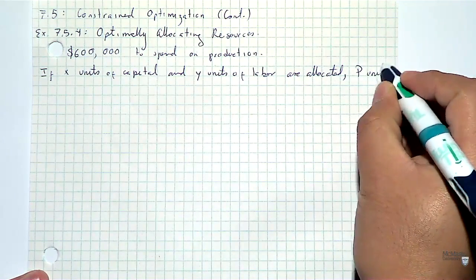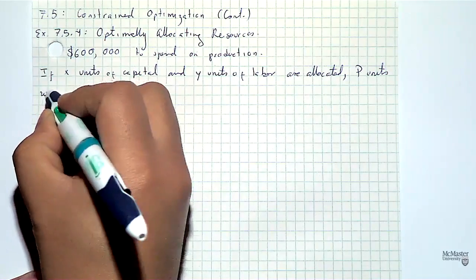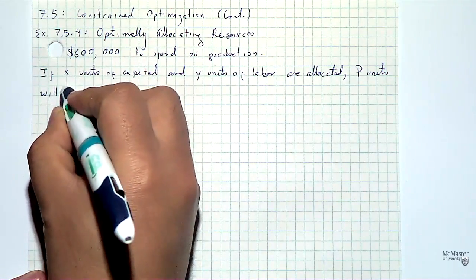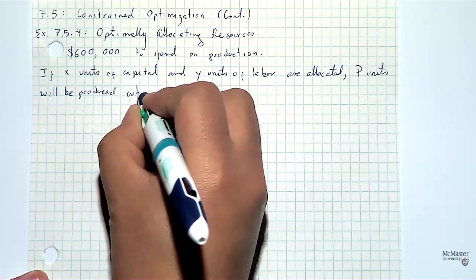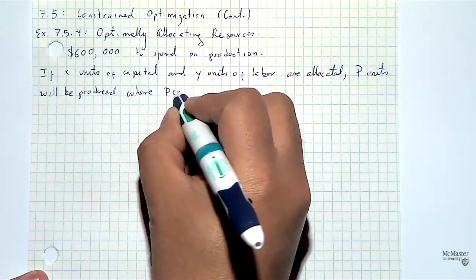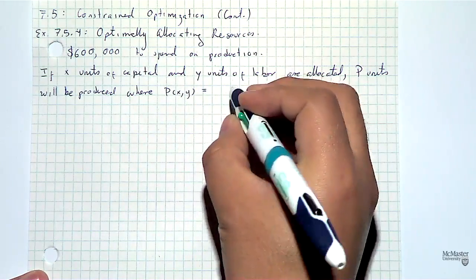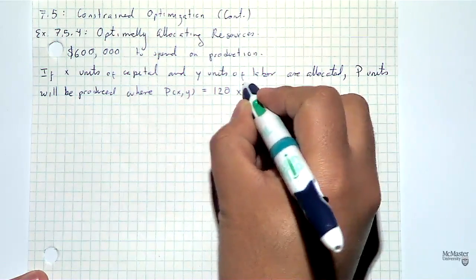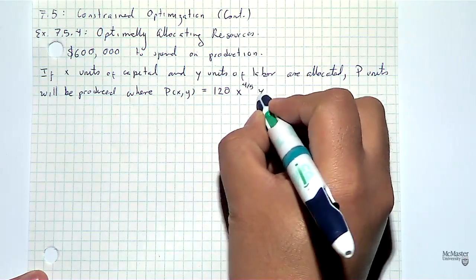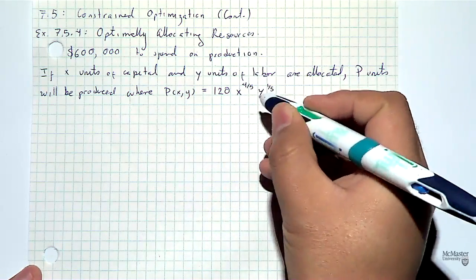Then you will have P units of production, so this will be produced, where P as a function of X and Y is of the form 120 times X to the 4/5 times Y to the 1/5.